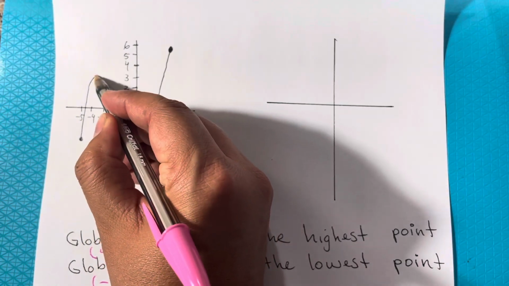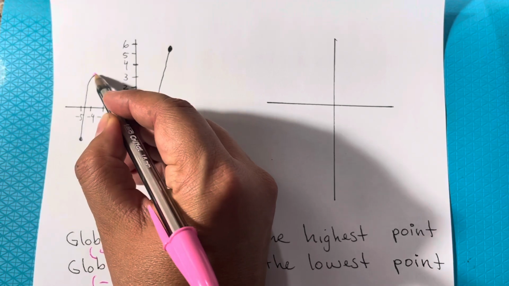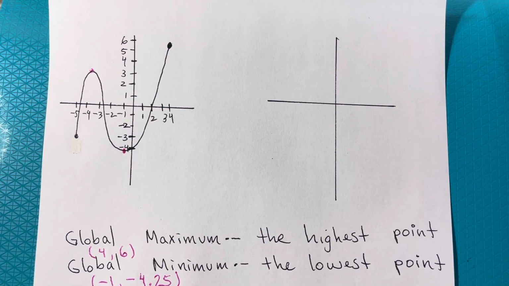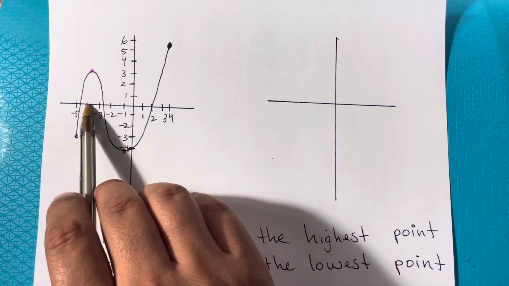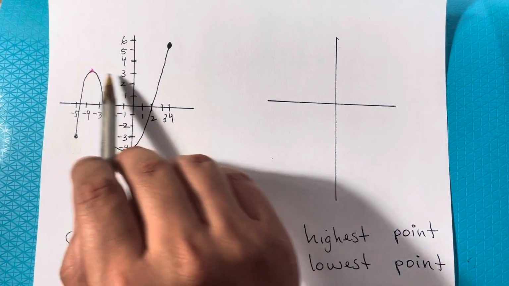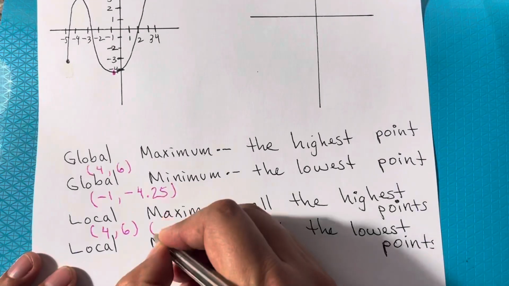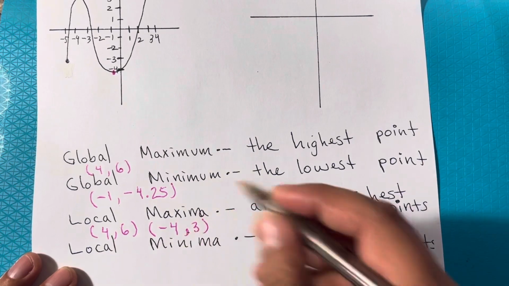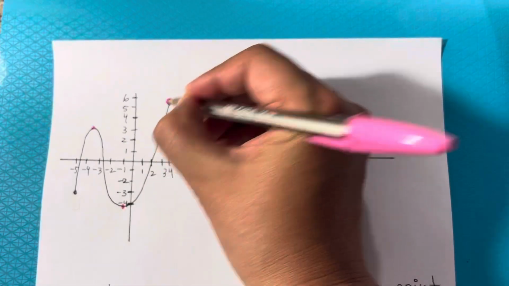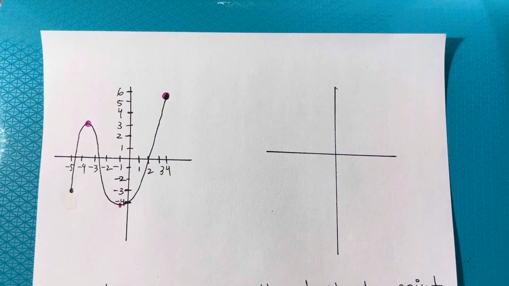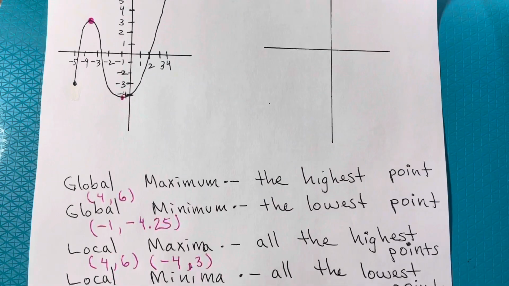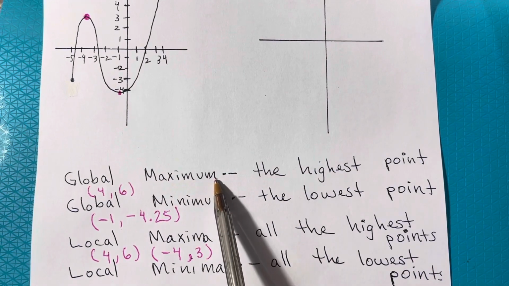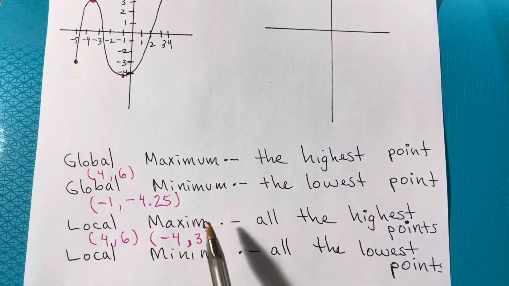So that's also a highest point compared to those. It looks like it's at (-4, 3). So those are my two local maxima. If you notice, when it was only one, the global maximum, it's singular; maxima is plural.